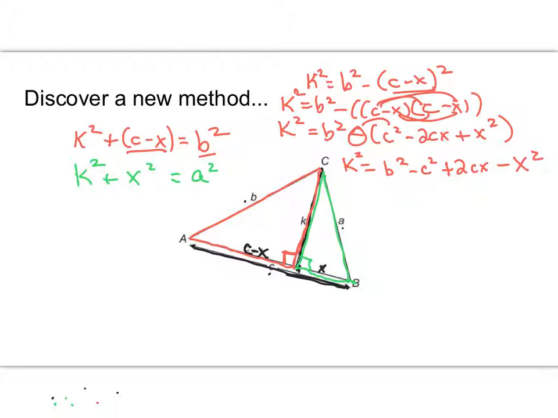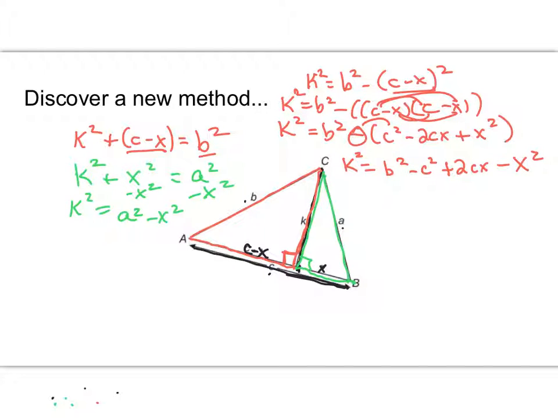Okay, now I'm going to take this other equation over here and solve for k squared. That's a lot easier. And I get a squared minus x squared. Now that I have both of them set to k squared, because they both equal k squared, I actually can set them equal to each other.